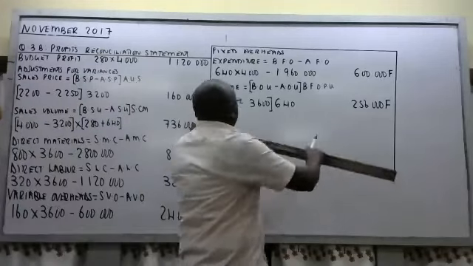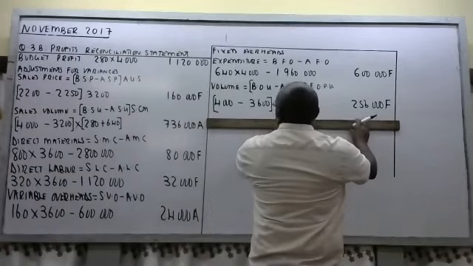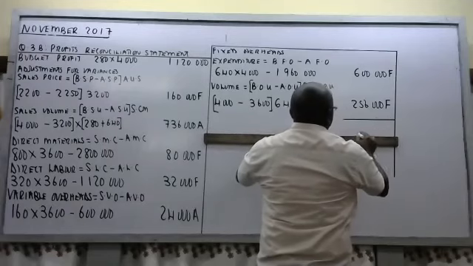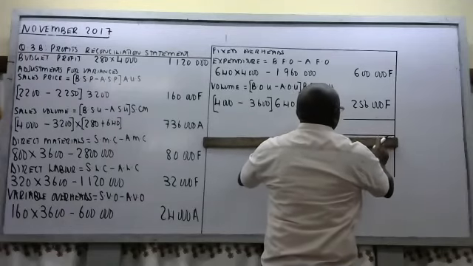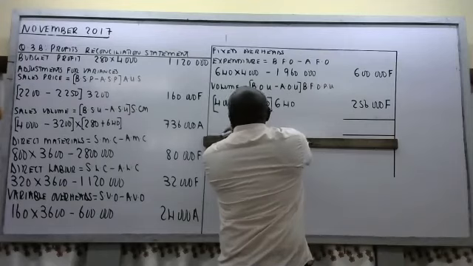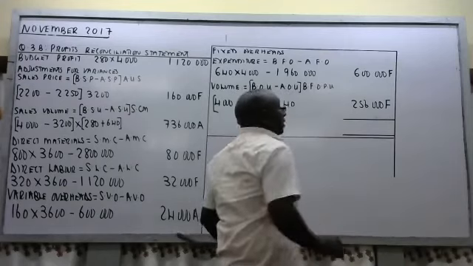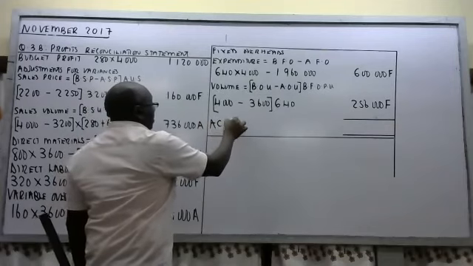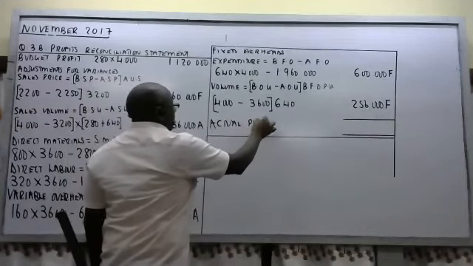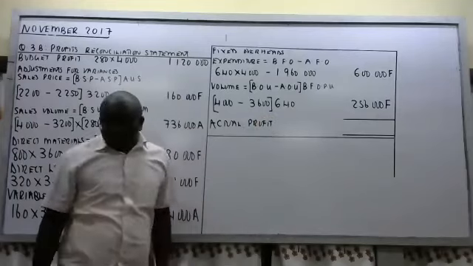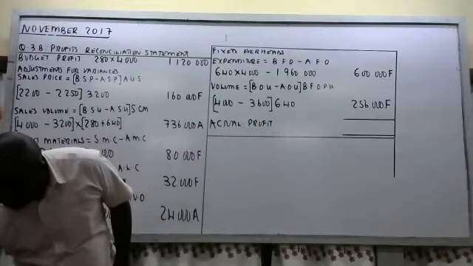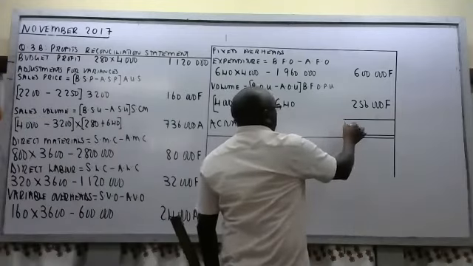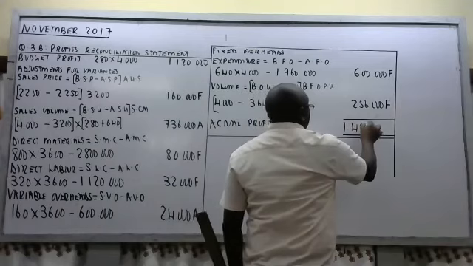Good. So with that now, we should be able to bring our actual profits so that we come to the end of the statement. The actual profit is given. We are told it is 1,488,000.